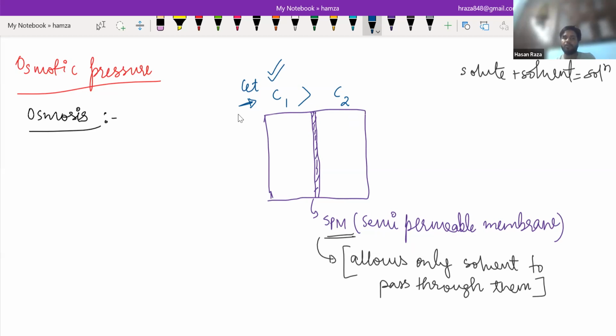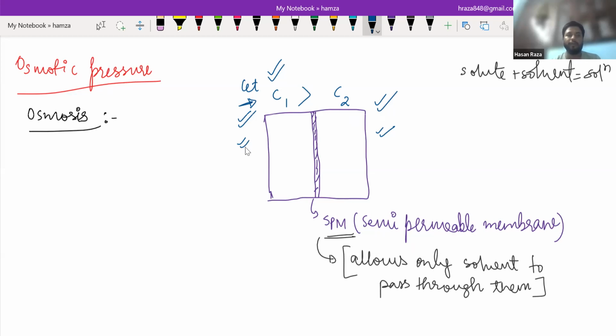That also means solvent on the left hand side is lesser than solvent on the right hand side. If the quantity of solute is greater here, that means solvent is lesser. If the quantity of solute is lesser here on the right chamber, that means solvent is greater on the right chamber. So you know that the solvent will always flow from higher concentration to lower concentration. So if solvent is greater here and solvent is lesser here, that means it will go right to left.